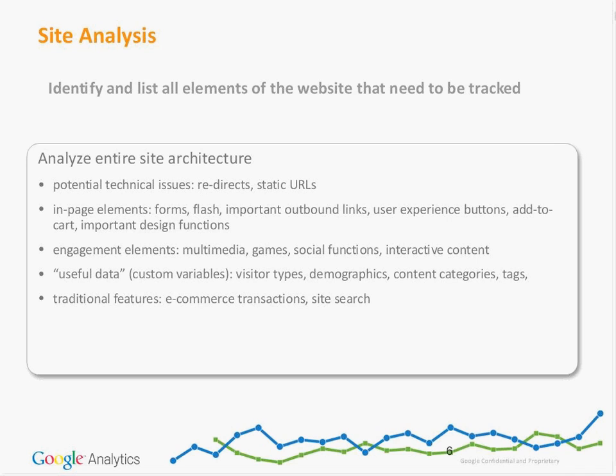So this is a process of breaking down the entire website and all of its constituent functions. And this should also reflect the measurement needs that you just identified. If you've got important business goals and KPIs, you should make sure that all of those are covered in your site analysis, and that you've identified what about the site indicates that the business goal was completed or is on its way to completion.